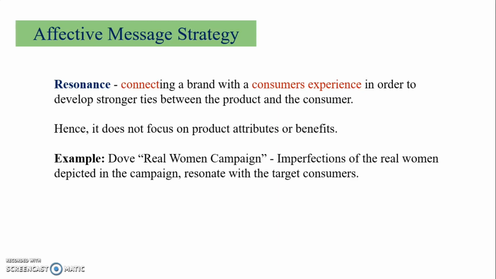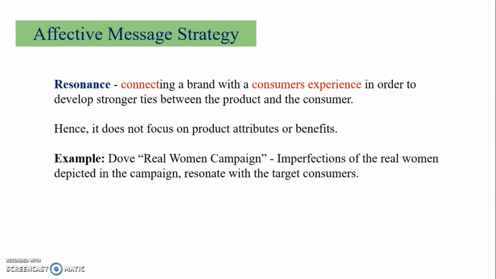So the classic example would be Dove's Real Women campaign, where Dove called for women to suggest her friend and let the world know why the particular woman is so precious. Thereby, Dove brought many women together, bringing in a sense of togetherness.